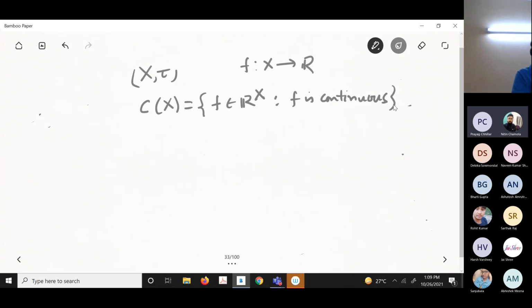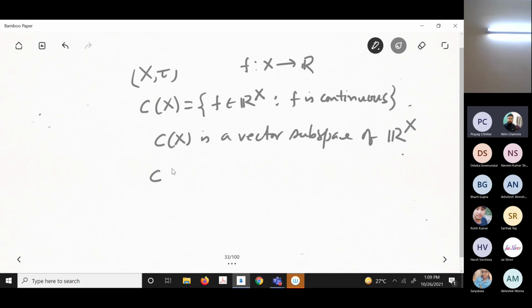Okay, f is continuous. Now look, again you can prove that the sum of two continuous functions is a continuous function, and scalar multiplication of a continuous function is a continuous function. That means C(X) is a vector subspace of R to the power X. But the intersection of two subspaces is again a subspace.